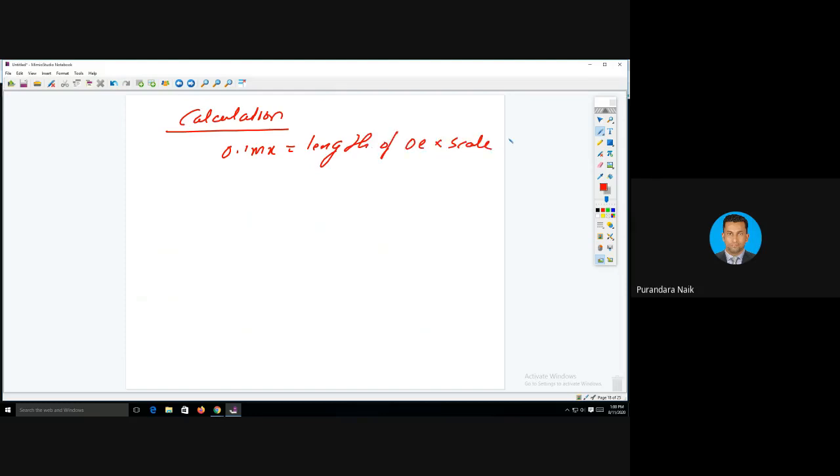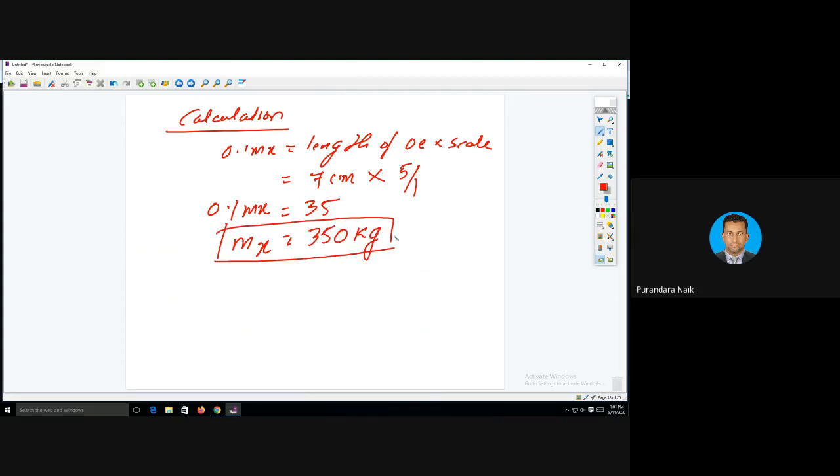This is very, very important here. It is not a 1:1 scale. The length of OE is 7 centimeter. 7 centimeter into the scale 1:5, that is 5 by 1, is equal to 35. So 0.1 mx is 35. Therefore, mx is equal to 35 by 0.1, which gives 350 kg.